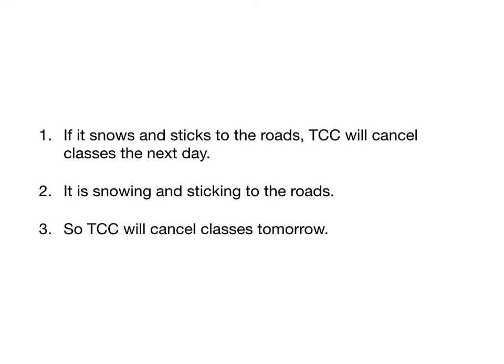That is true, right? It is snowing and sticking to the roads, so TCC will cancel classes tomorrow. Premise 1 says if A, it snows and sticks to the roads, then B, we will cancel classes the next day. 2 says A, it's snowing and sticking to the roads. 3 says B, we're going to cancel classes.